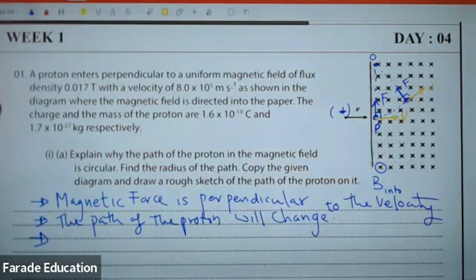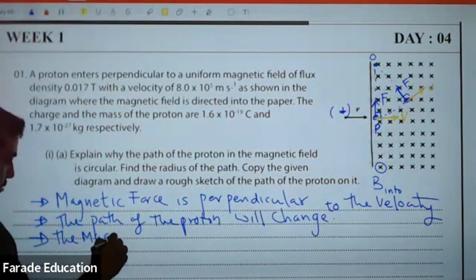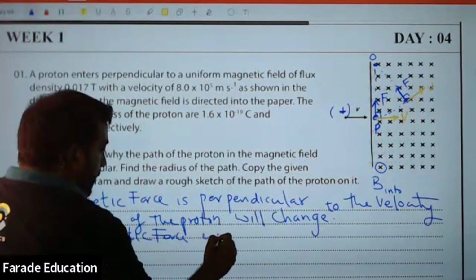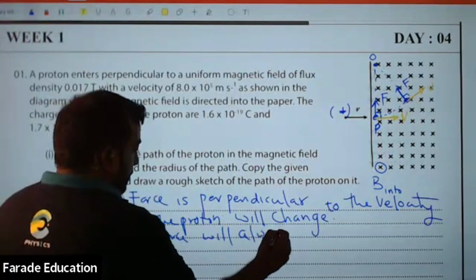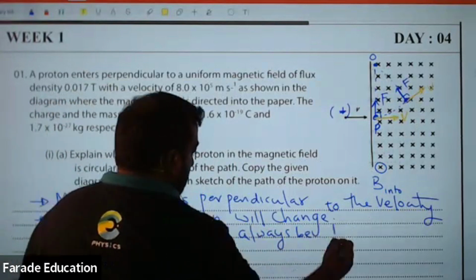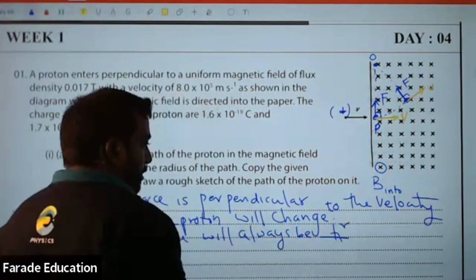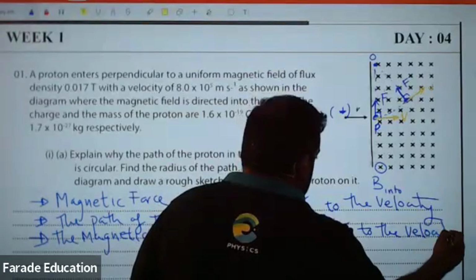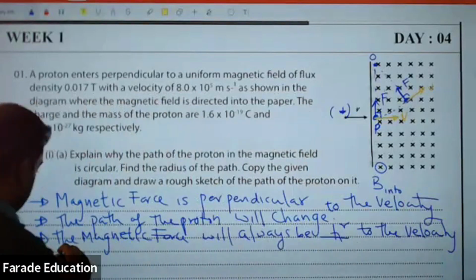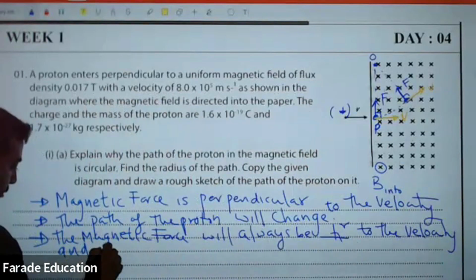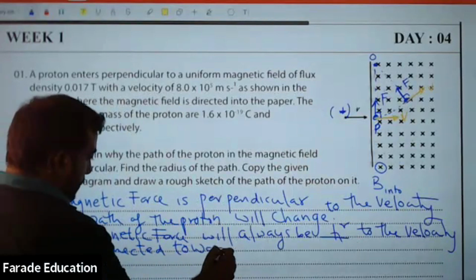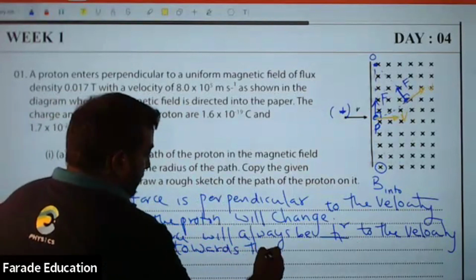Next: the magnetic force will always be perpendicular to the velocity and directed towards the center.